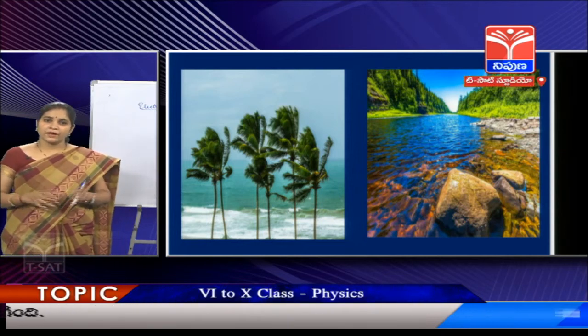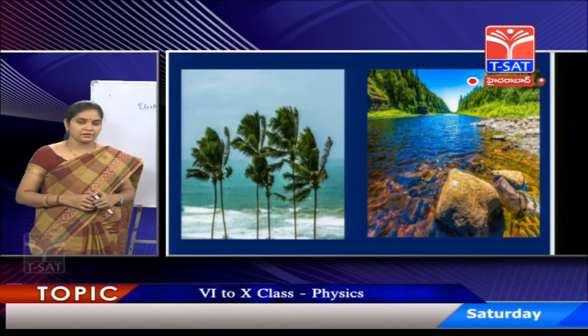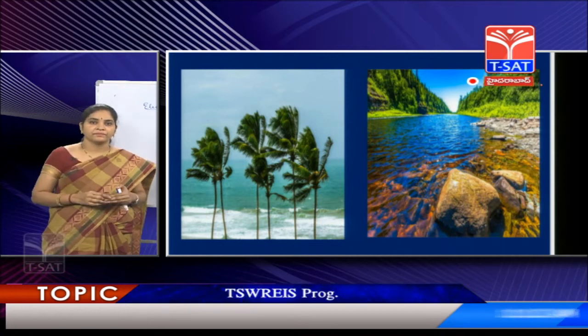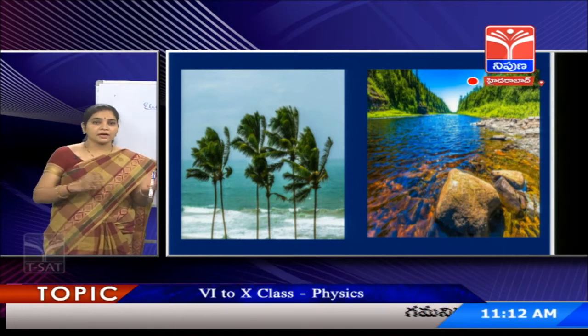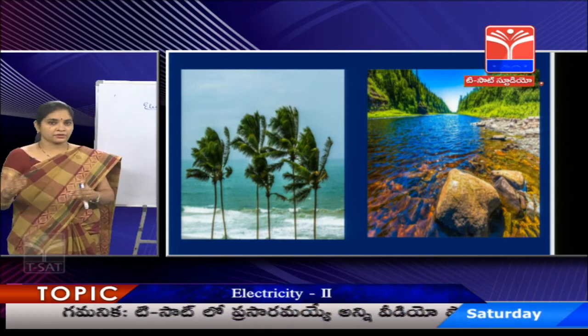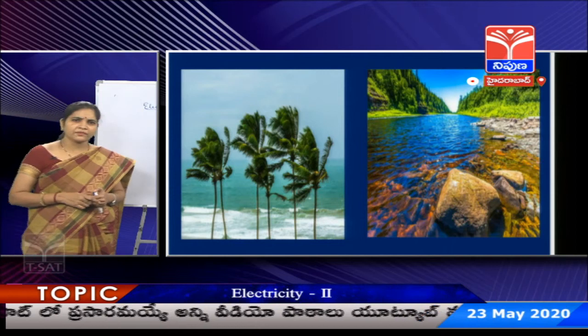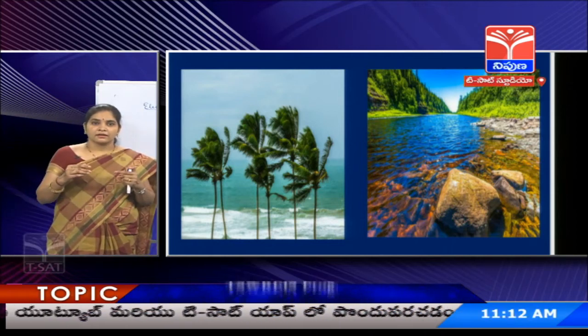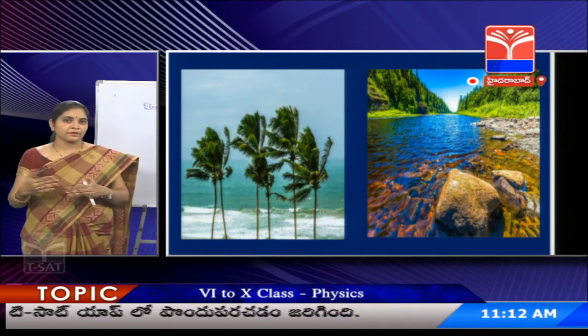Children, we have already discussed in the previous session how these charges are carried by charge carriers, electrons. Metals are good conductors. They contain free electrons. What do you mean by free electrons? Let us discuss about it.